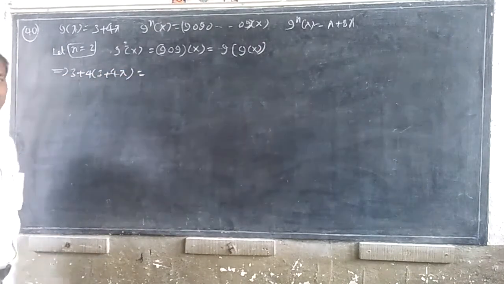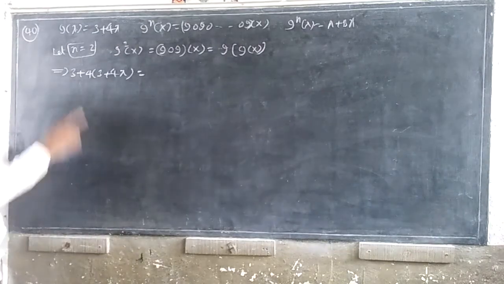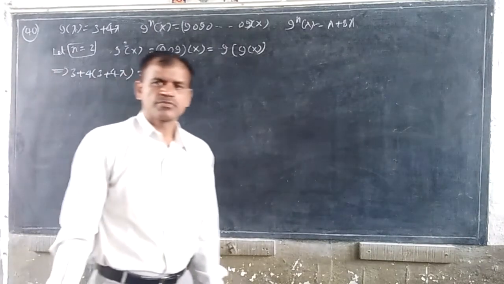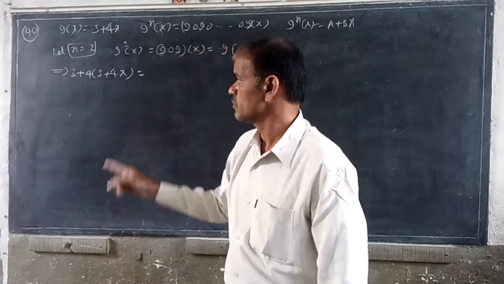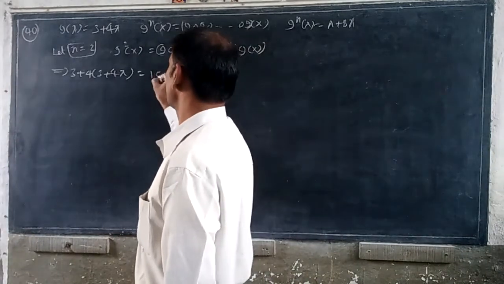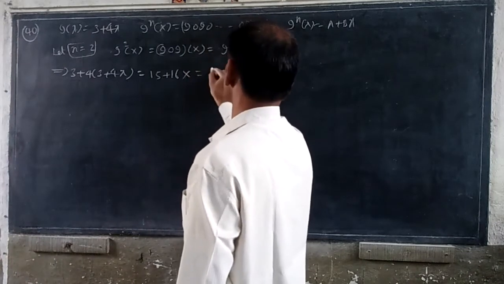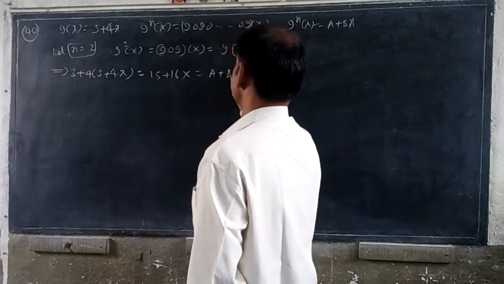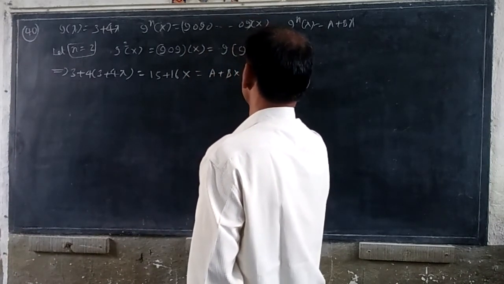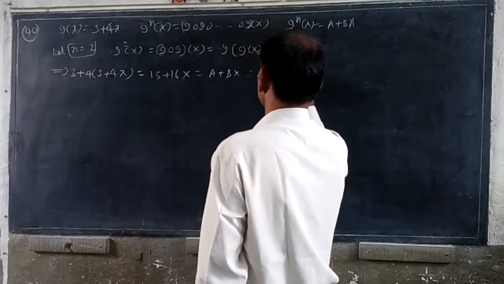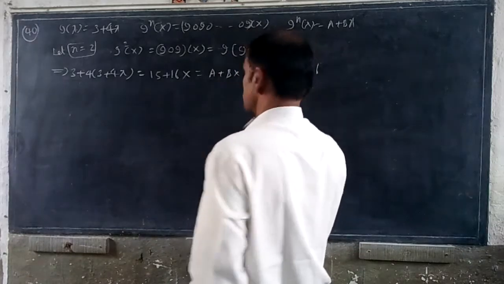Now 3 plus 4 into 3 is 3 plus 12, which is 15, not 16. So 15 plus 16x is equal to a plus bx. Therefore a is equal to 15, b equal to 16.